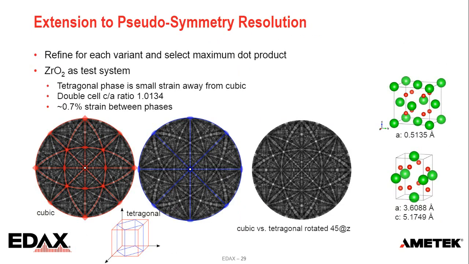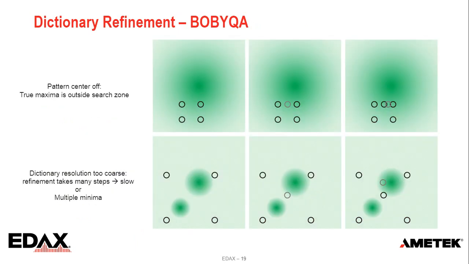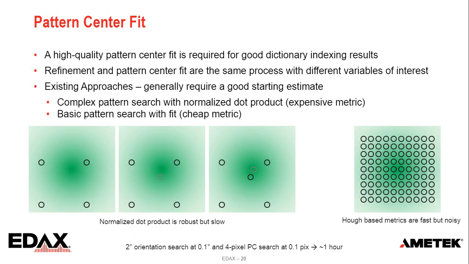So let me pull up the dictionary. The existing dictionary uses the Bobyqa algorithm, which is sort of at one extreme, a very minimal number of evaluations.